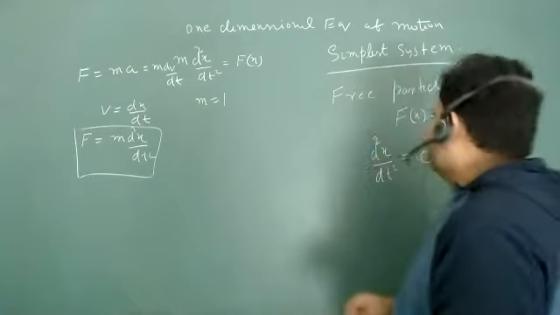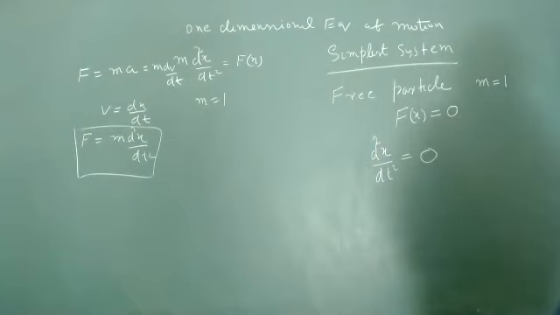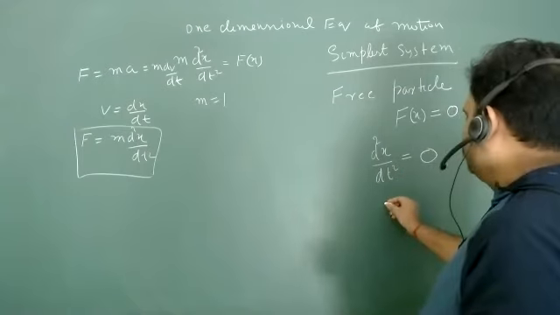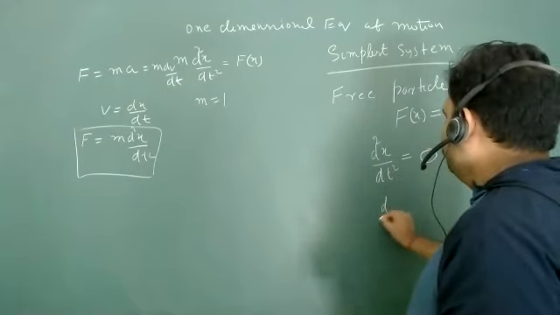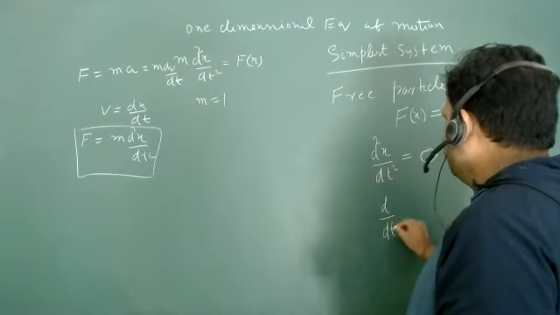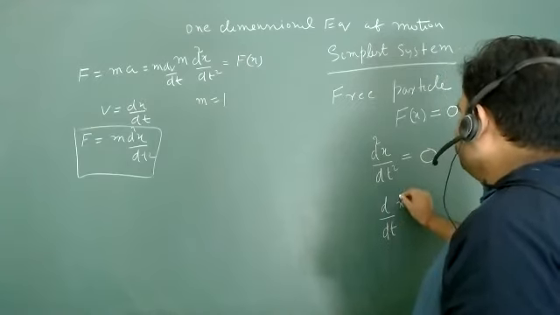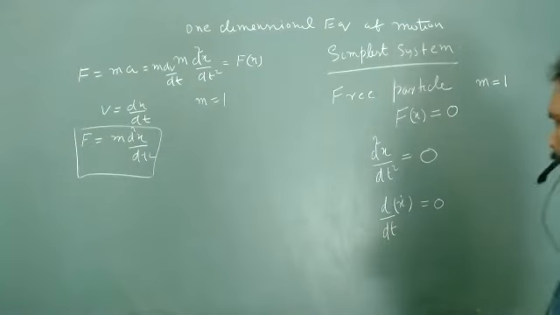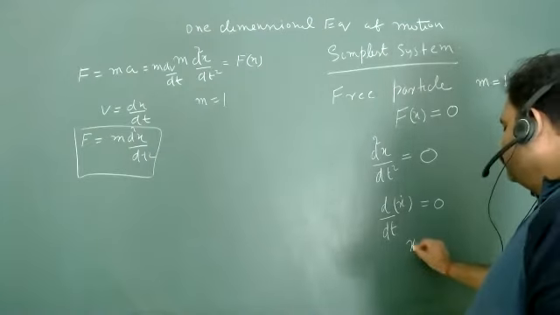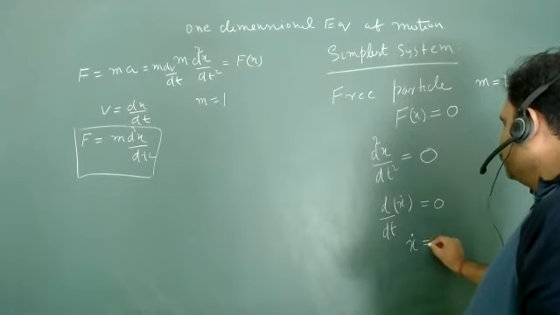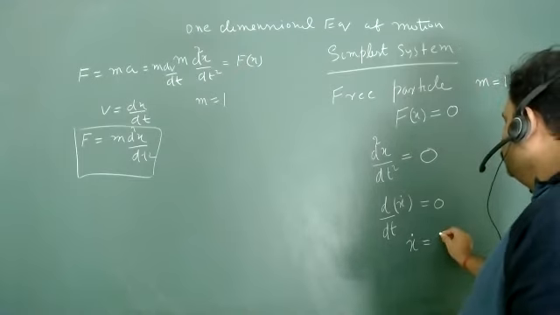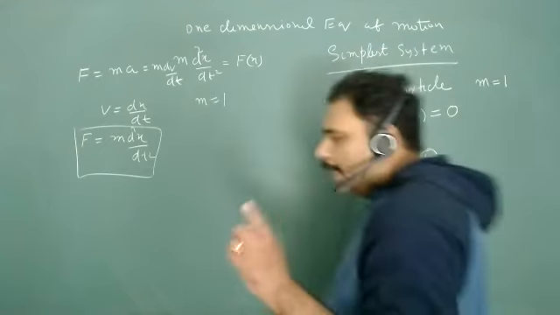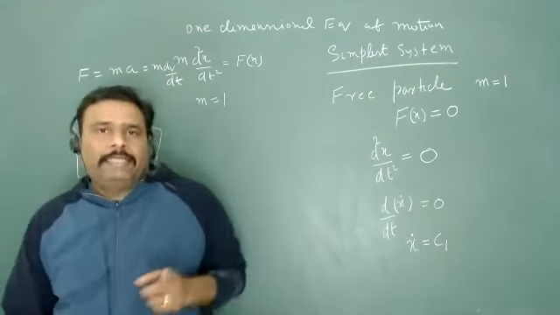Okay, let's try to see what is going to happen. So how are we going to solve it? We have d upon dt of x dot equal to 0, so x dot is nothing but some constant c1. Why am I solving for x dot and x?